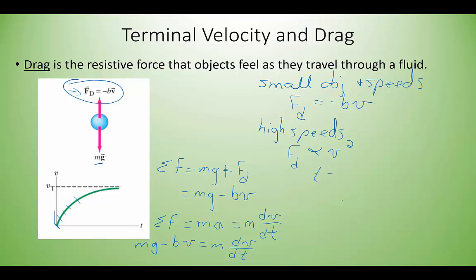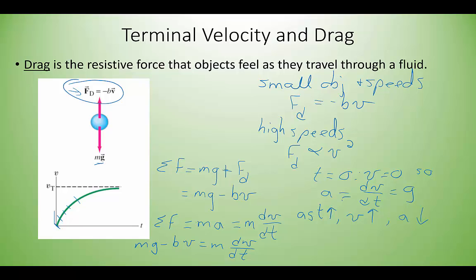So if we look at when t equals 0, we know that the velocity is 0, so the acceleration, dv dt, would be gravity at that point. Now, as time increases, we know that the velocity also increases, but acceleration decreases.